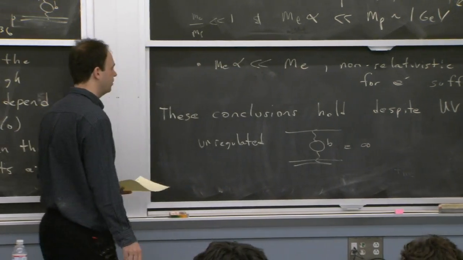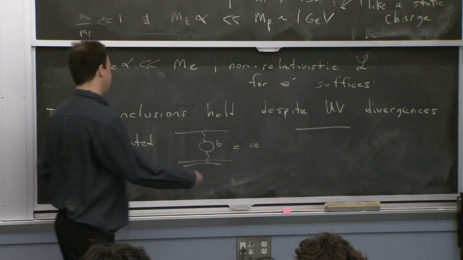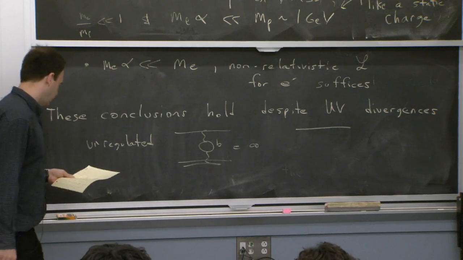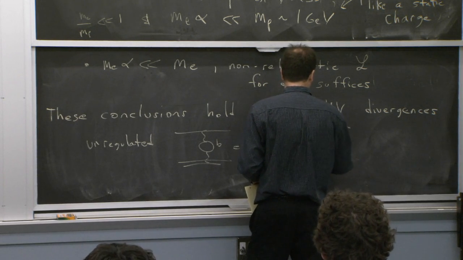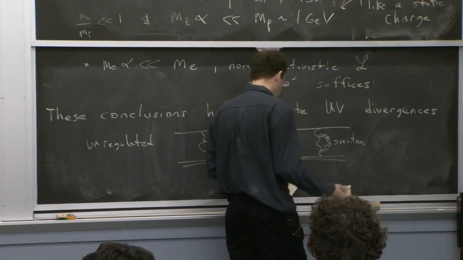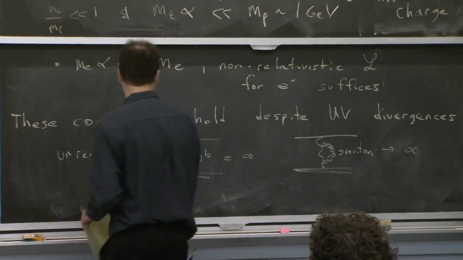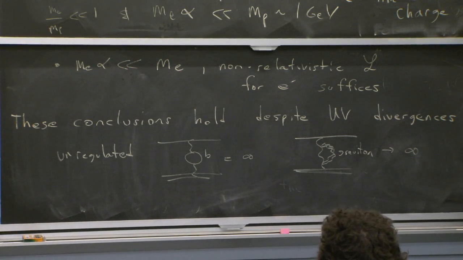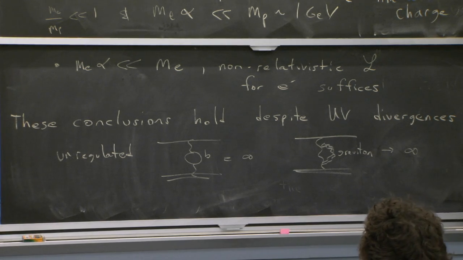Once you regulate the theory, it's well-defined, and you can make everything well-defined. But you may worry that this diagram seems to be contributing an infinite amount rather than a finite amount. The whole story goes through, even in the context of having ultraviolet divergences. That better be true because, for example, if we had graviton loops, they would also lead to ultraviolet divergences, and we're neglecting gravity. So it better be that these ideas of effective field theory are not changed by having ultraviolet divergences. And we'll encounter that in our discussion later on.